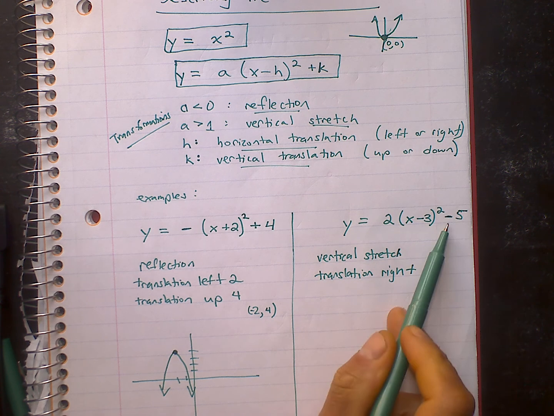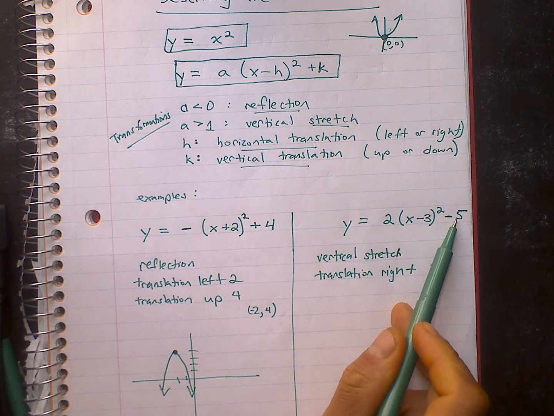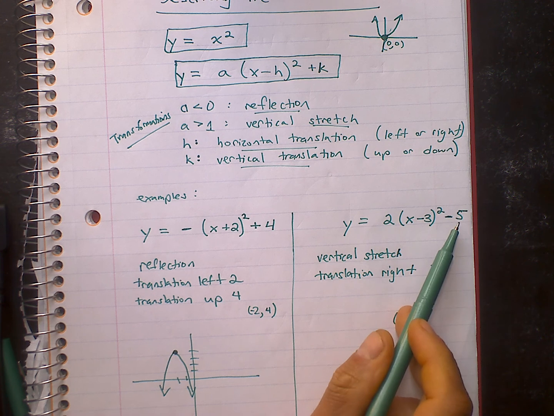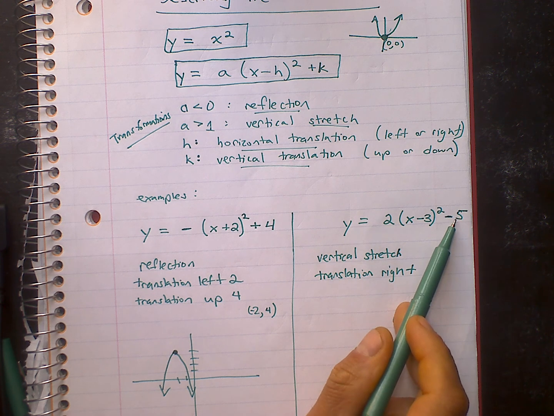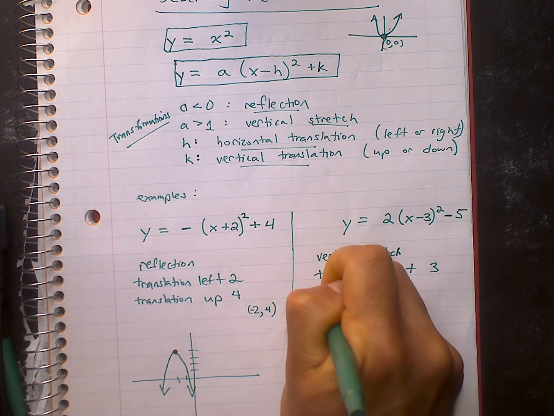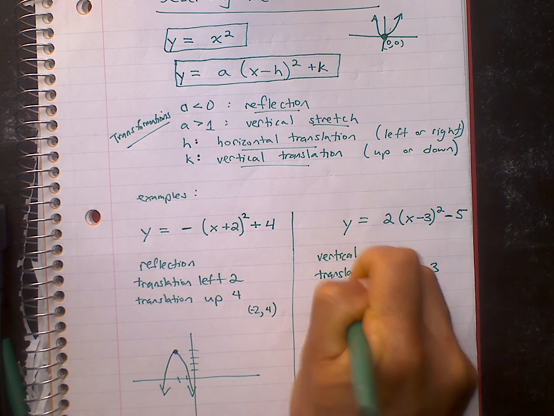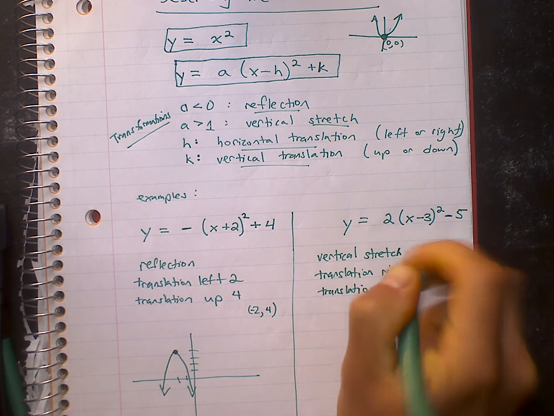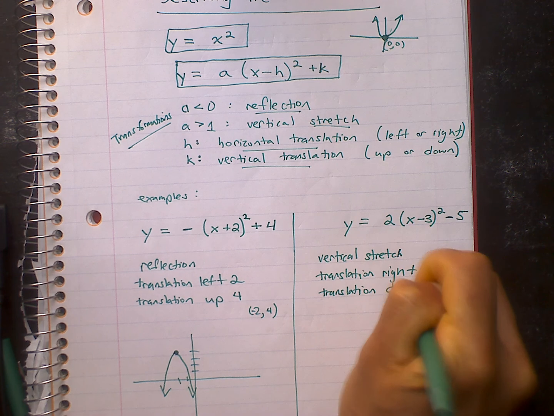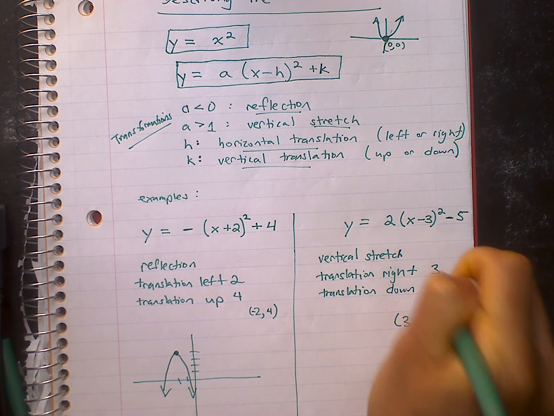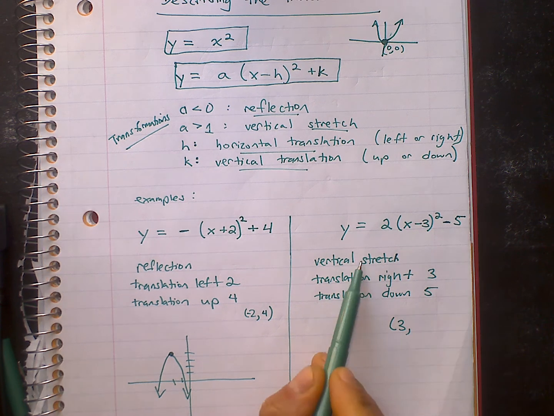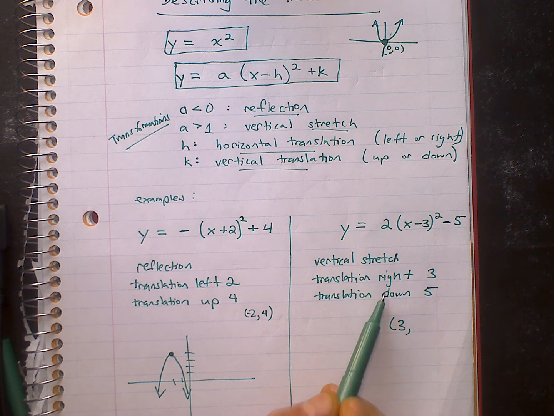There's also a vertical translation because of the k value. The original vertex was at (0, 0), but this one is being translated down. In other words, we have to slide that original coordinate down 5 units.